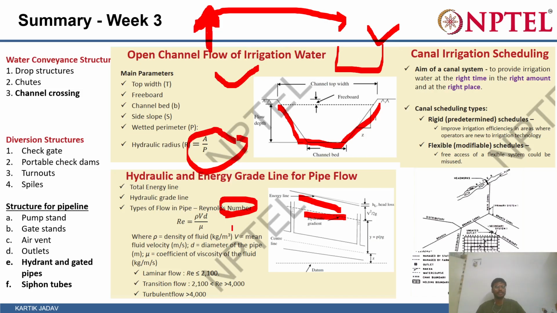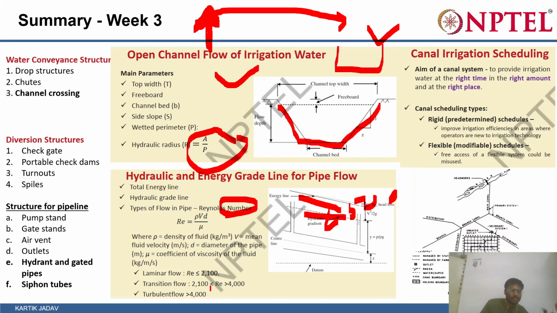Next, Reynolds number classification, which we also looked at for pipe flow and open channel flow. For pipe flow, if Re is less than 2100, the flow is laminar. But in the case of open channel, if it is less than 500, then your flow is laminar.